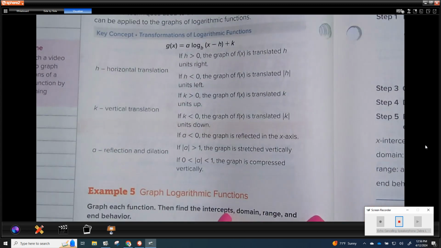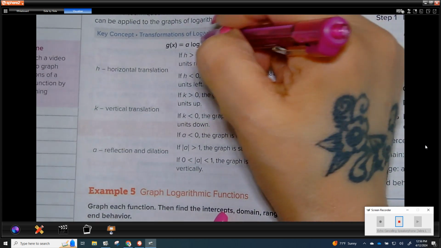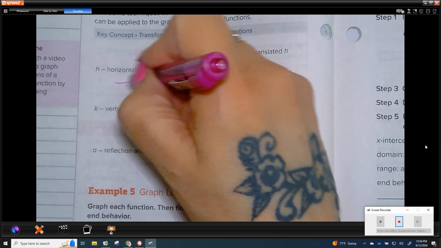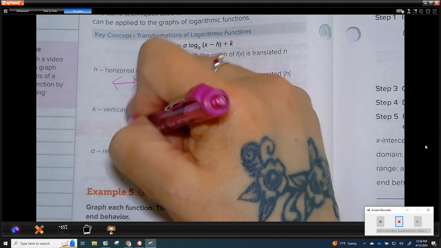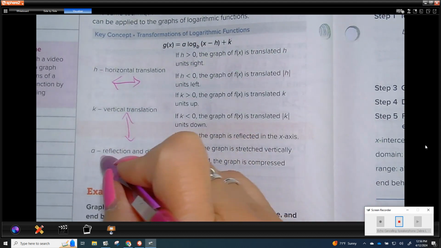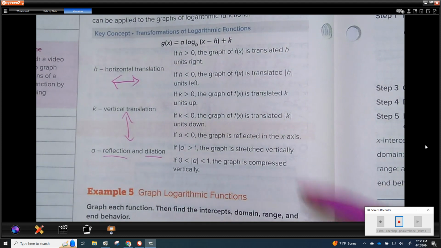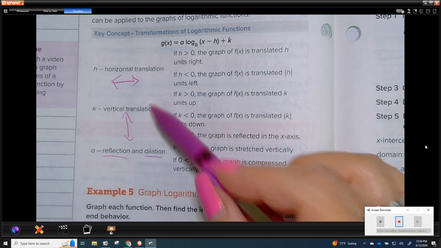Okay, so transformations, just like any other function, we have outside and we have inside. Inside is left and right. And remember, it's opposite of what you think. Outside is up and down, and outside is reflect and dilate. So you could think of outside being vertical, inside is horizontal.